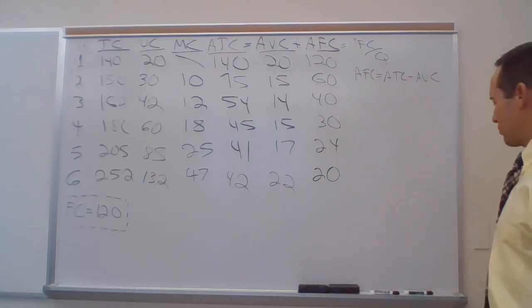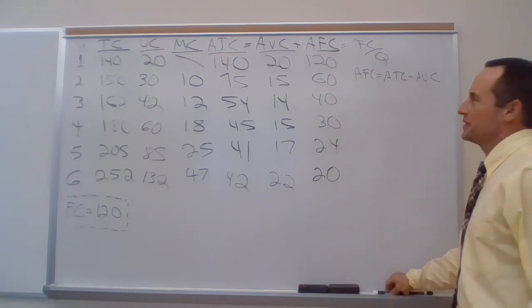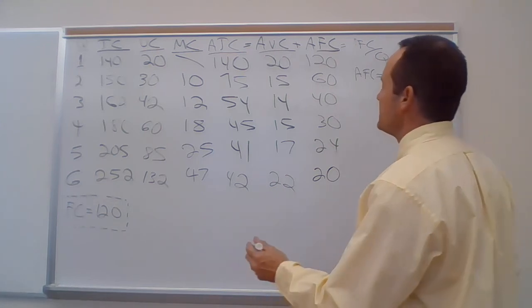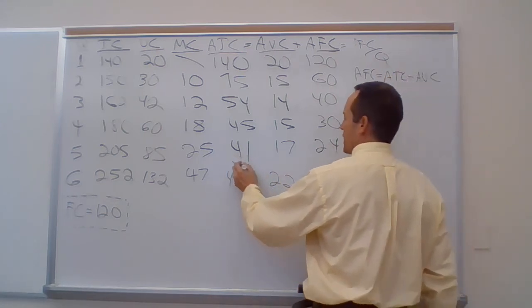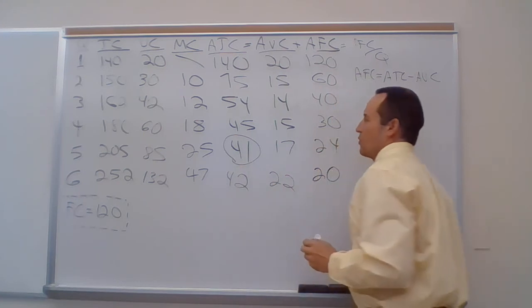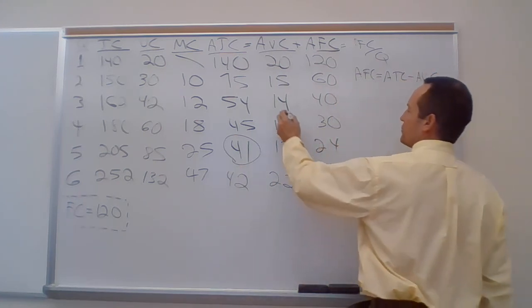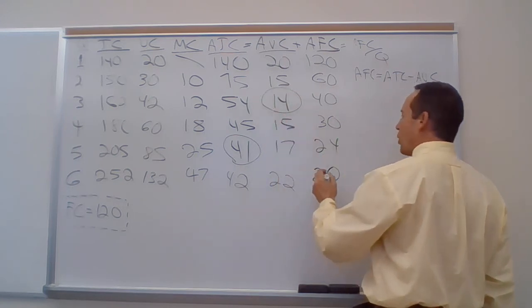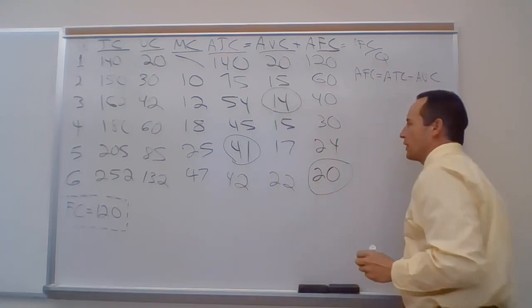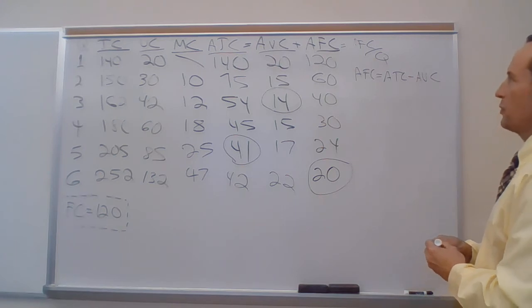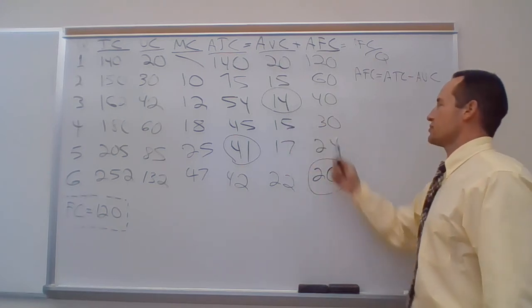The last thing I bring to your attention are the minimums. The minimum ATC, as you see here, happens at quantity 5. AVC minimizes at 3, and AFC always minimizes at the greatest quantity being produced. So if you look at this, ATC is a blend of these two.